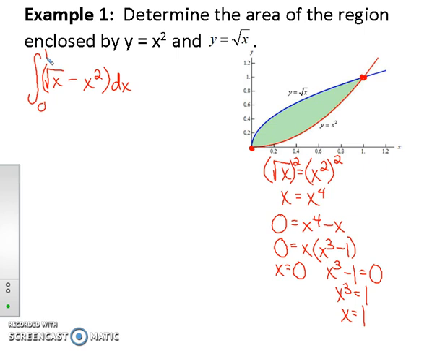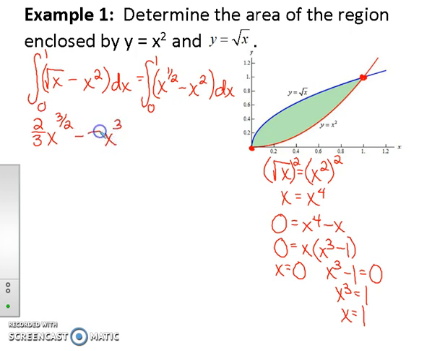Once you have it set up, this is no different from the integrals we've been doing for quite a while now. So it might help to think about the square root of x as x to the 1/2. Then we can do the reverse power rule with it. If I add 1 to that, it becomes x to the 3/2, and then old coefficient divided by new exponent, that means it would have a 2/3 in front of it. The x squared would become an x to the 3rd with a 1/3 in front of it.